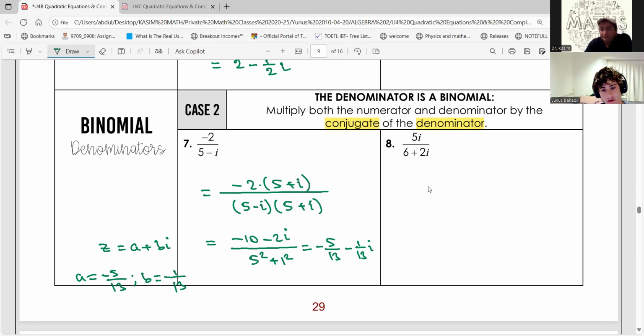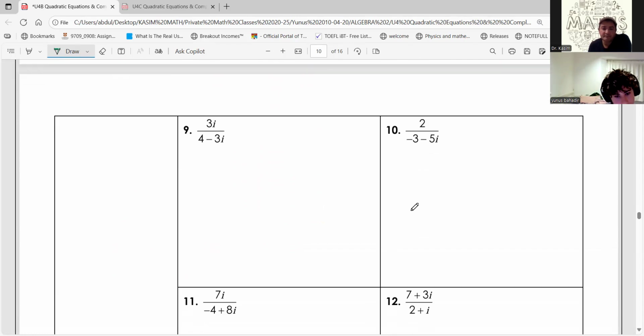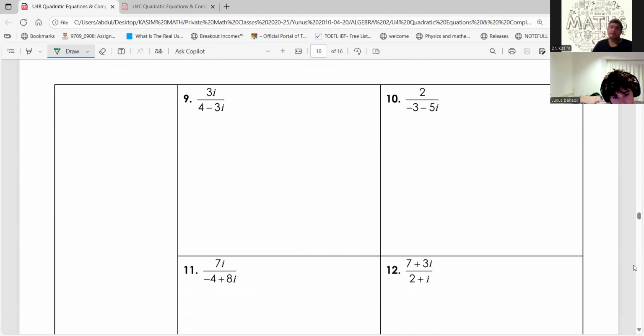That's correct. So that is 1 over 4 plus 3 over 4i. Okay, I can just multiply here. 6 minus 2i. 6 minus 2i. Okay, next, 9. Do it yourself. One minute. Let's try it a bit faster.